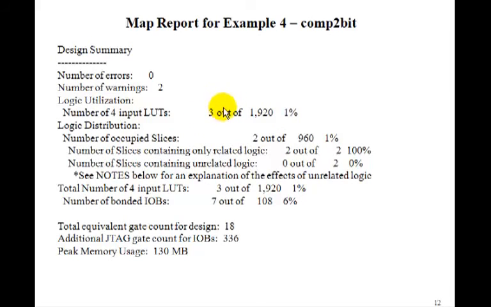Yeah, we needed 3 lookup tables because we only had the 3 outputs, A equal B, A less than B, and A greater than B. And there were 4 inputs. Well, that's handled by each lookup table having 4 inputs. We had a total of 7 I.O. blocks, the 3 outputs and the 4 inputs. And of course we needed 2 slices because each slice only contains 2 of the lookup tables.